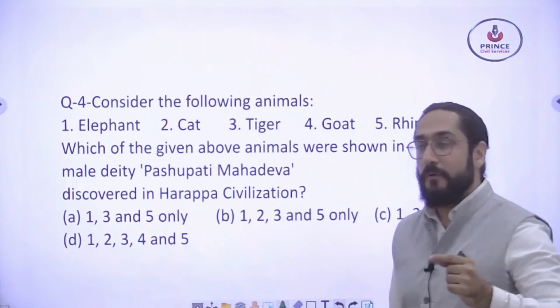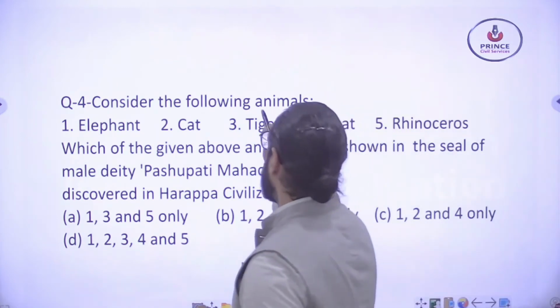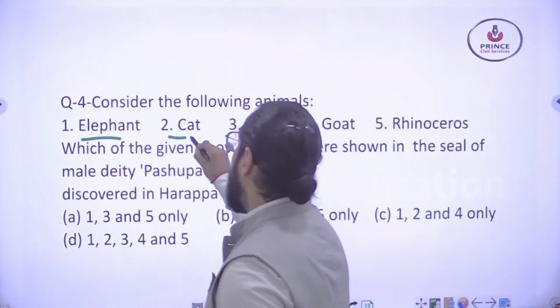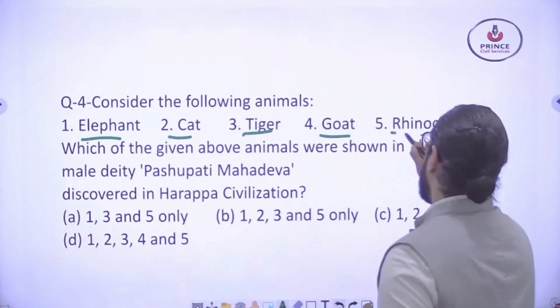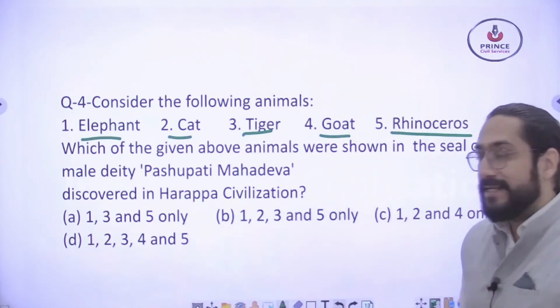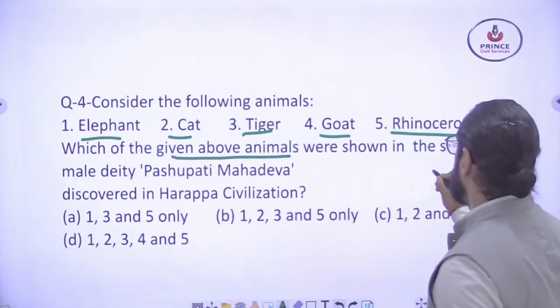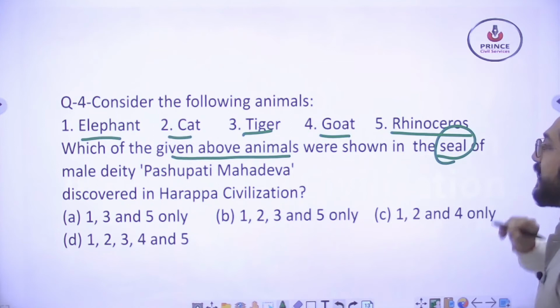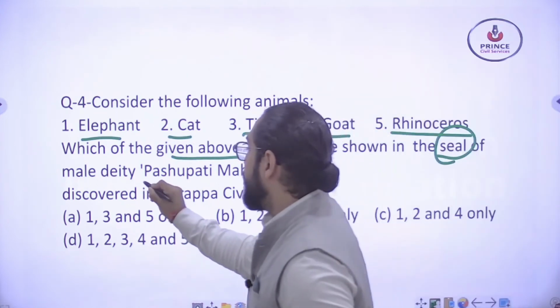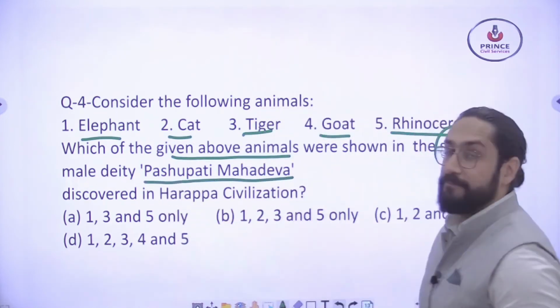Now the question number 4. Consider the following animals: elephant, cat, tiger, goat, rhinoceros. The question is, which of the above animals were shown in the seal of male deity Pashupati Mahadev?